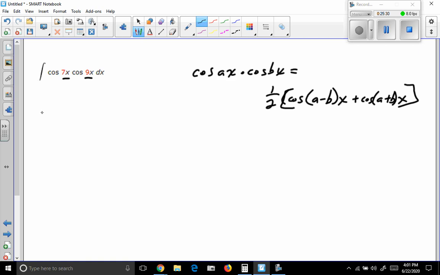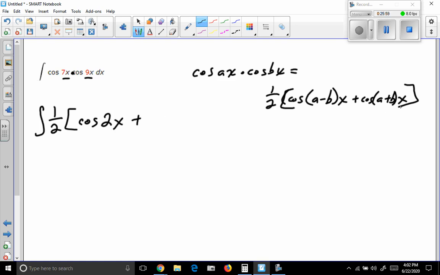So for ours, cosine of 7x times cosine of 9x. In ours, the 7 is first, then the 9. But remember, multiplication doesn't matter. So let's take the bigger one minus the smaller one: 9x minus 7x, that's going to be 2x.